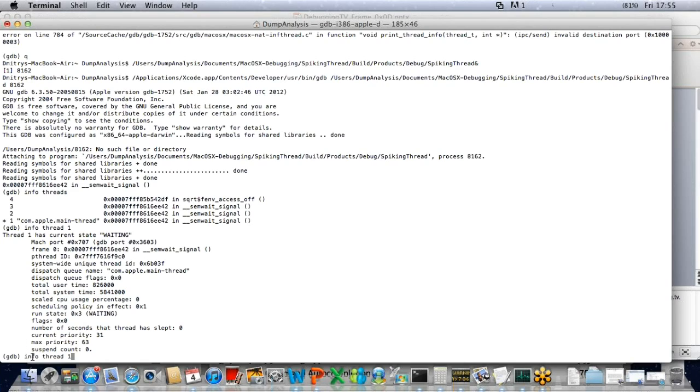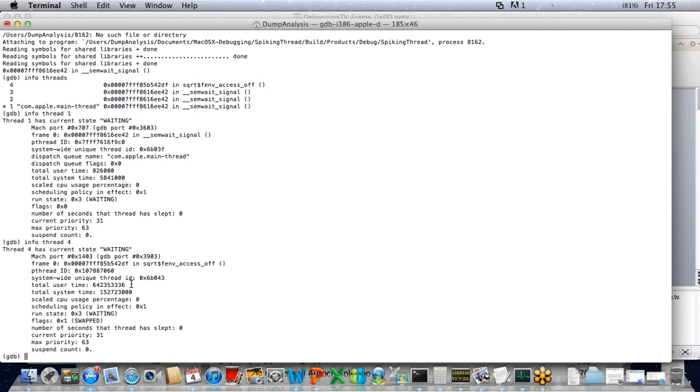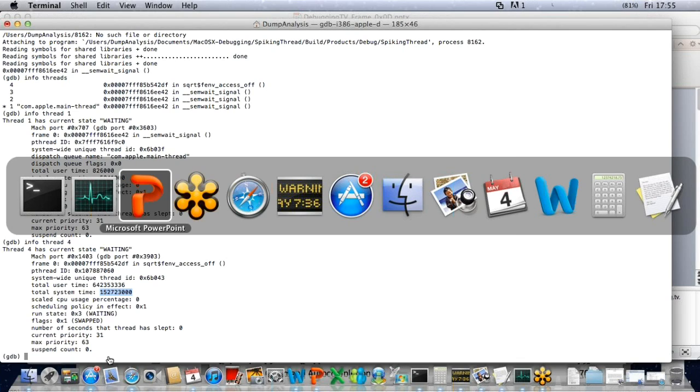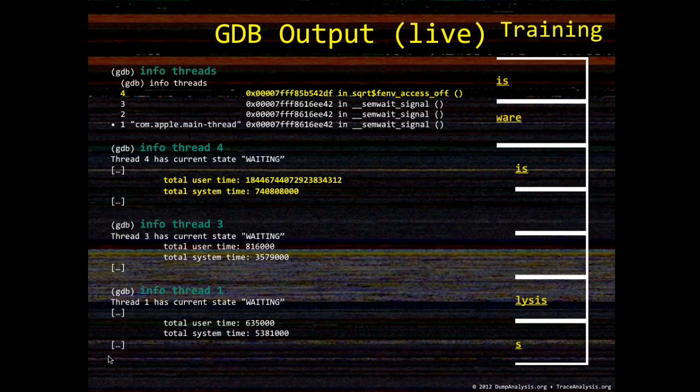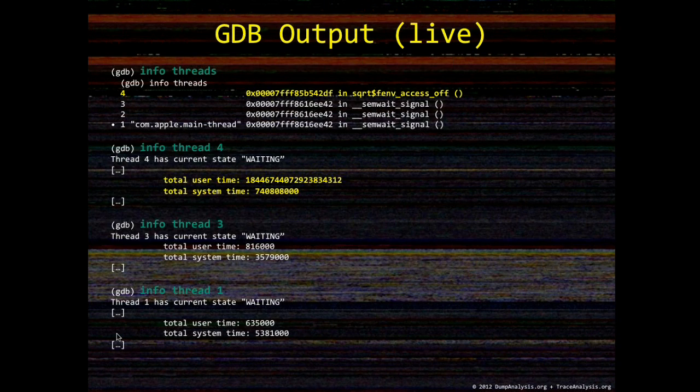And we can compare, for example, with the spiking thread 4. So we see much bigger times. If we run it for some time, we get bigger numbers.